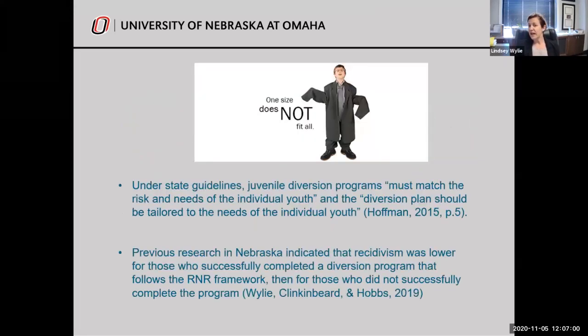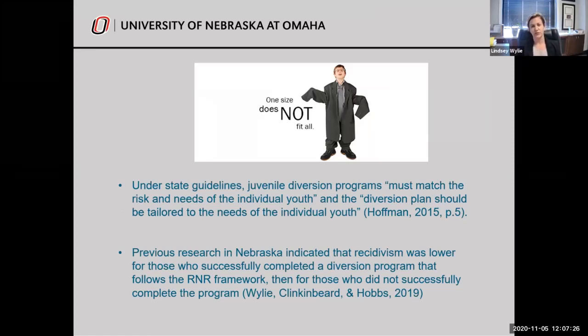So what does this mean? This means that one size does not fit all. I know in some communities, the diversion plan is pretty standardized, and every kid gets the same services, but according to the risk needs responsivity framework, each diversion plan really should be tailored to the risks and needs of that individual youth. That is written in the state guidelines: juvenile diversion programs must match the risk and needs of the individual youth.